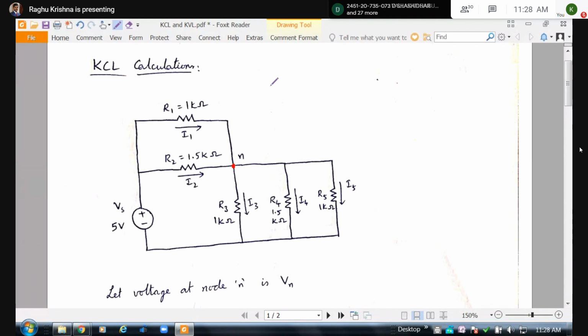So here, incoming currents we are going to take with a negative sign.